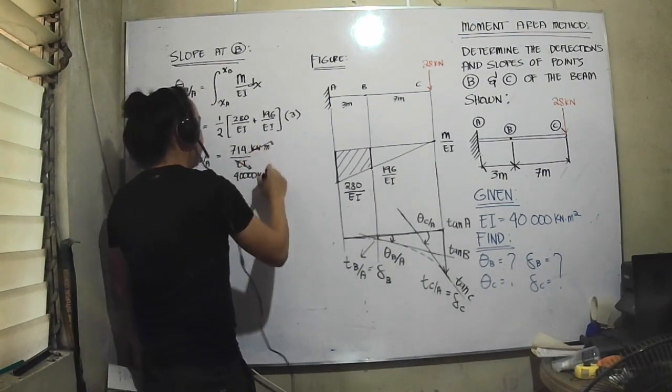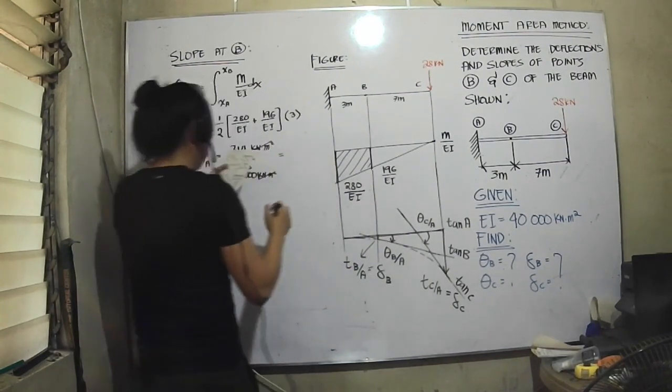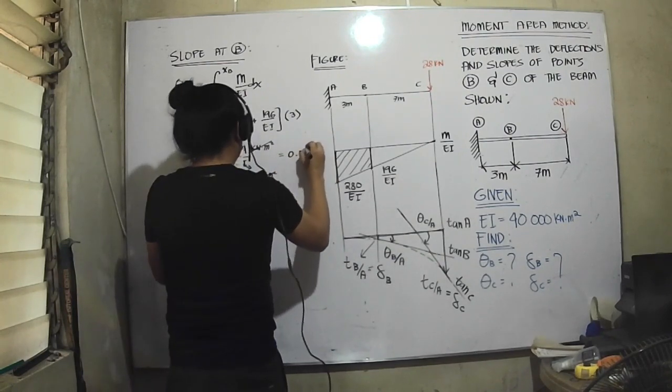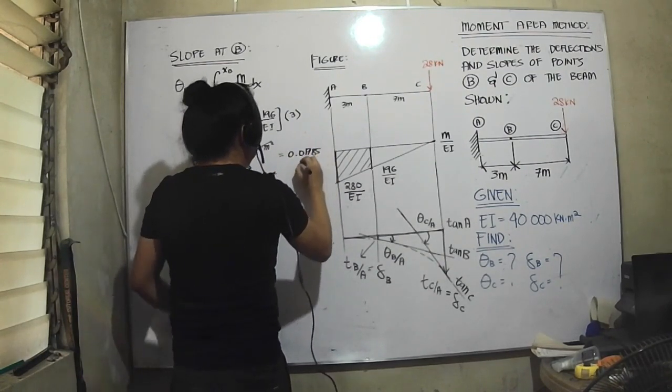Both of those cancel out. If I simplify, it is 0.1785, that is in radian.